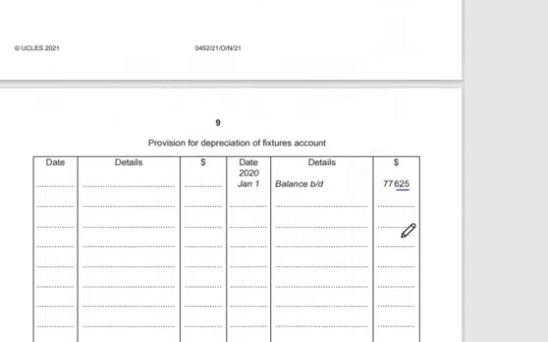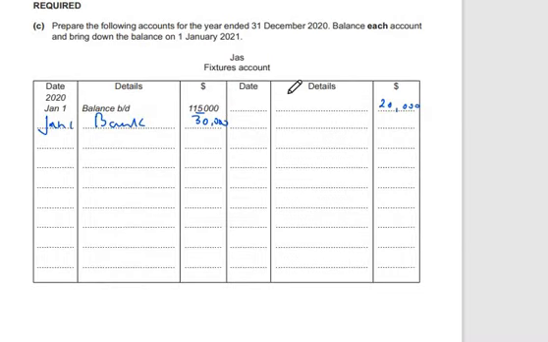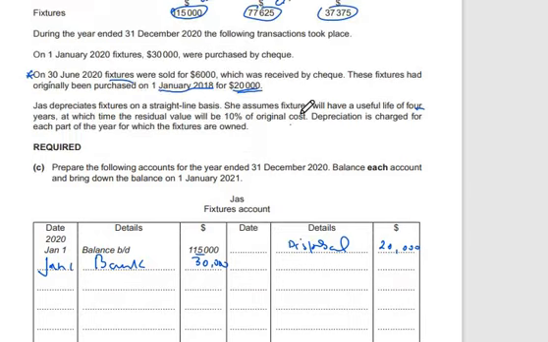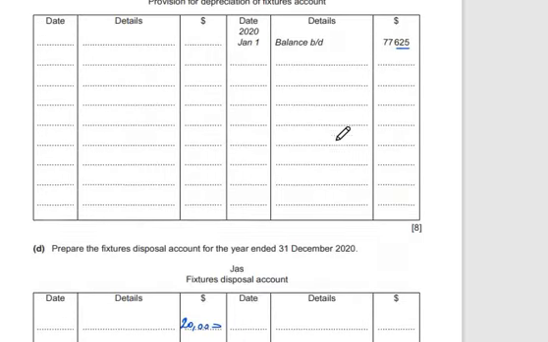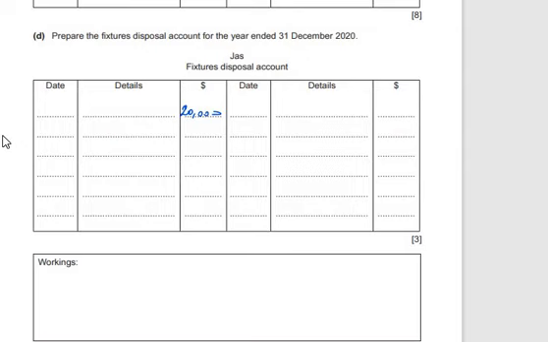The account which I'm crediting is fixtures, and the account that I'm debiting is disposal. So here I'll write disposal, right? And the date is 30th June 2020. So this is June 30th, 2020, right? And here in the disposal account, this one will be fixtures, on June 30th, 2020.